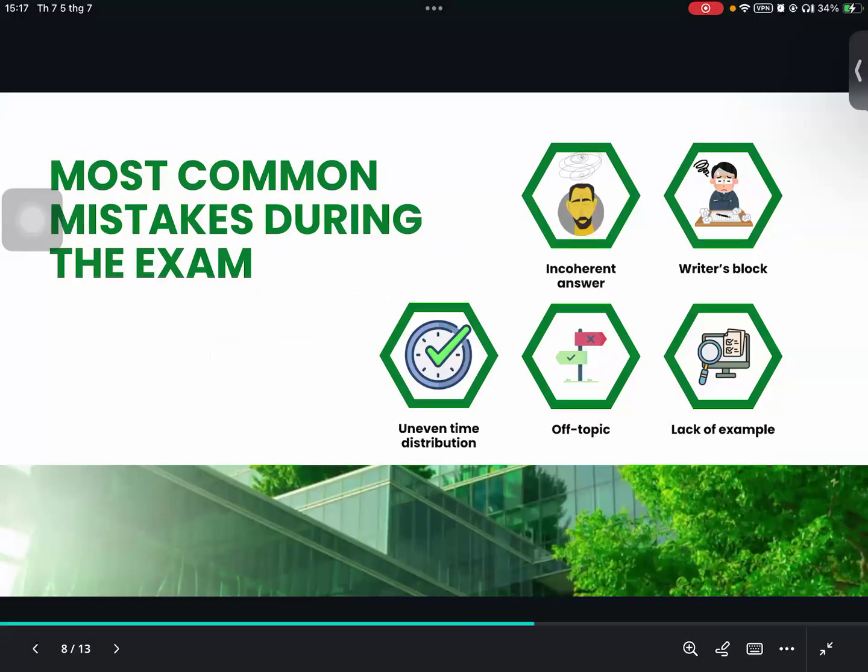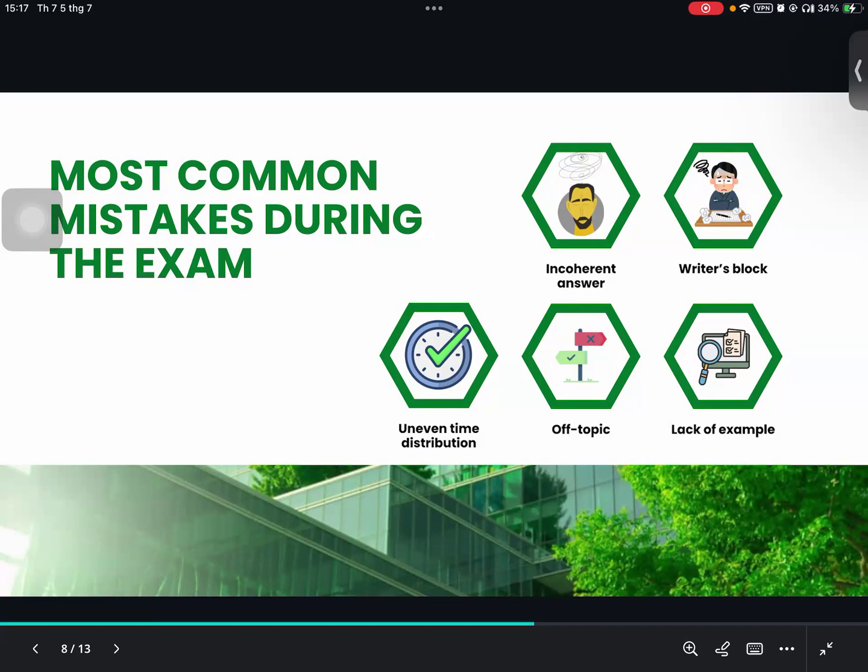Some students may see the first or second question as less challenging. They are easy, so they may be too excited and commit themselves to those questions first and spend too much time on them.